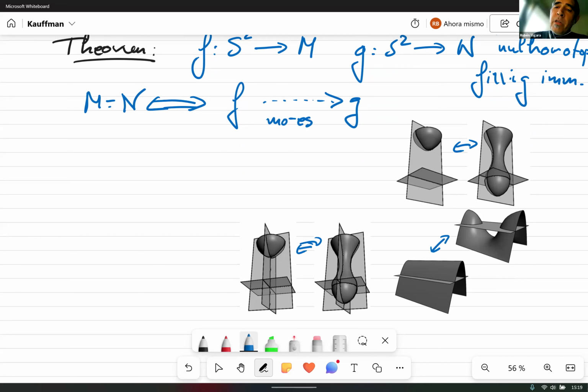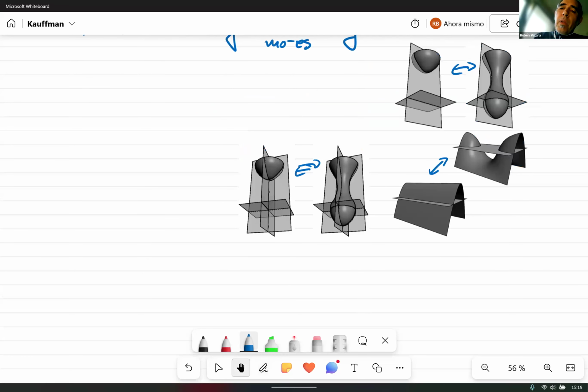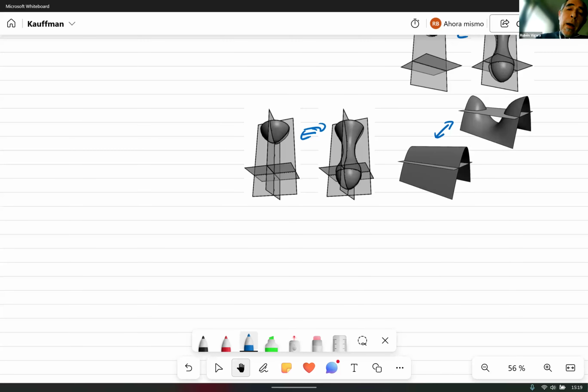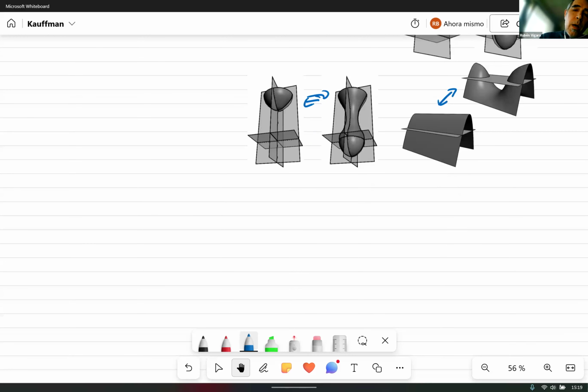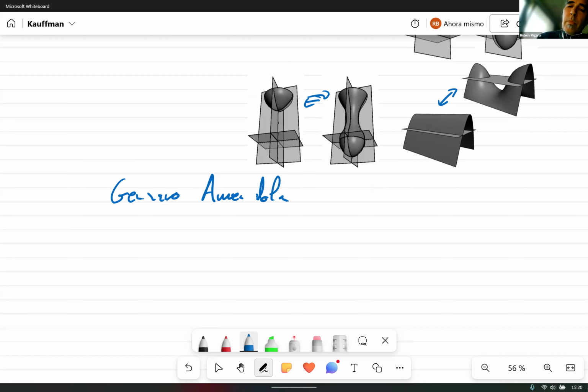Later, this set of moves was improved a little bit by Amendola, Genaro, which gives an equivalent set of moves.